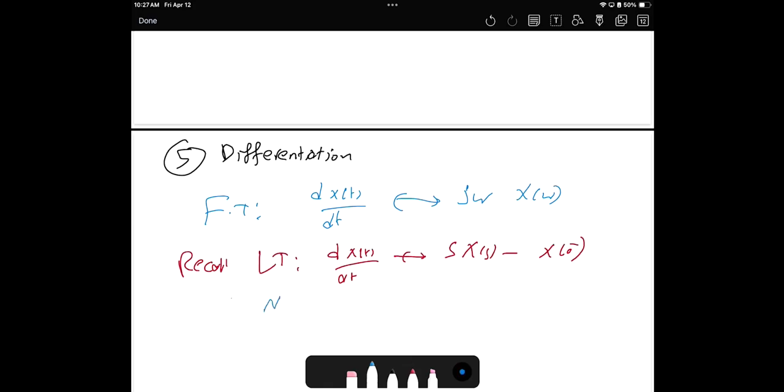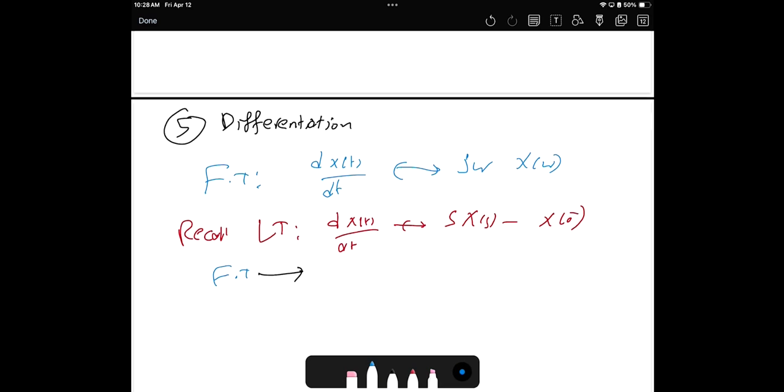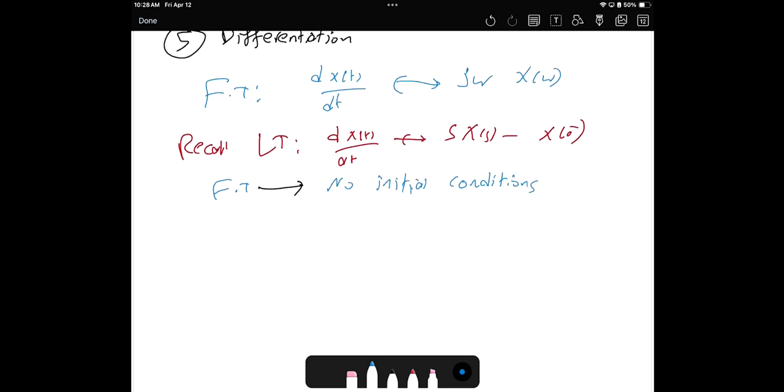So we can say Fourier transform, no initial conditions. You don't need to worry about x of 0. So what you can conclude is, in Laplace transform, substitute s equals j omega and remove the initial conditions.